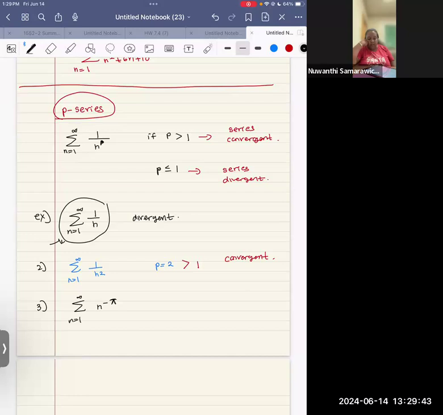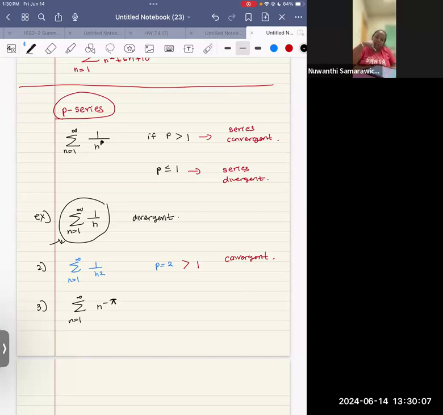Is it divergent or convergent? Some say diverges, others say convergent. Yes, yes. So, yes, William.